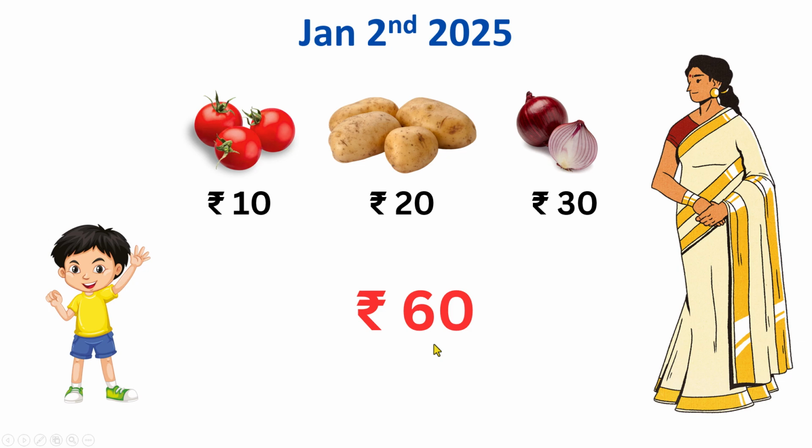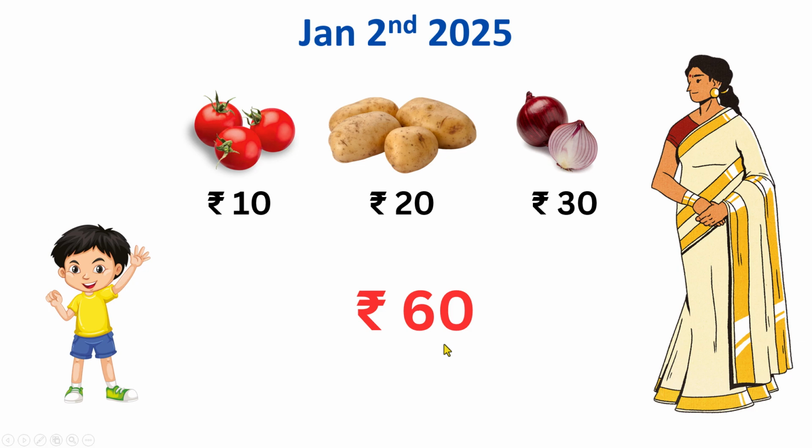So you can say individually, or you can sum these three. 10 plus 20 plus 30, 60 rupees. So your mother will come to know that the cost of vegetables on January 2nd is 60 rupees.